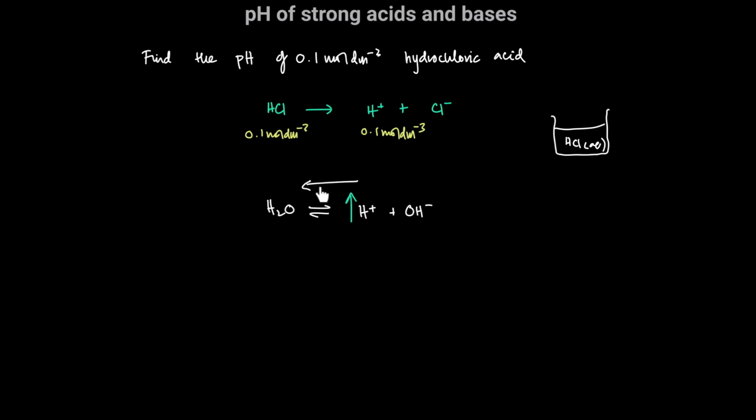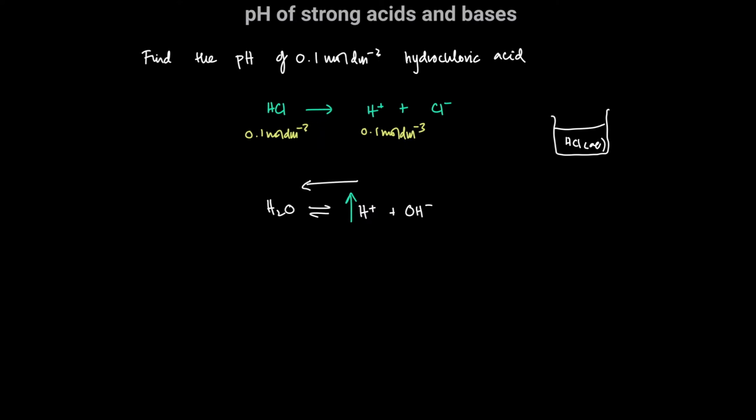Now, even the shift barely affects the concentration of H plus ions because it's such a large amount of H plus ions relative to what you would see in water. However, the H plus concentration is still taken to be the same as we get from the acid.